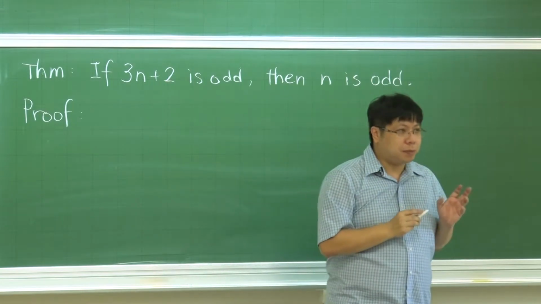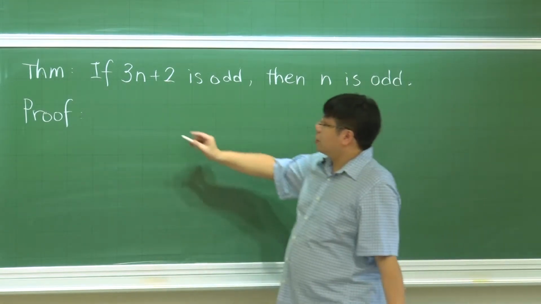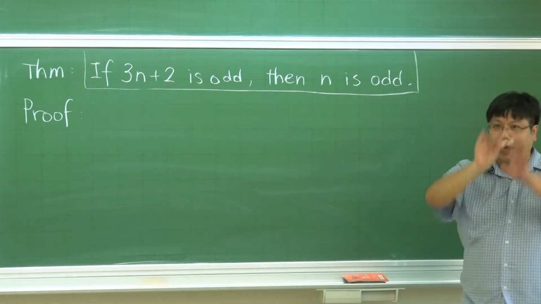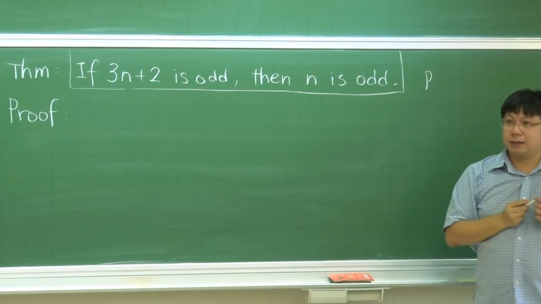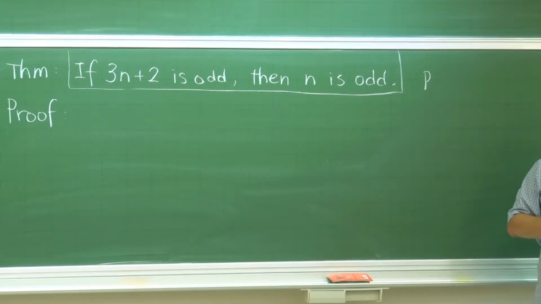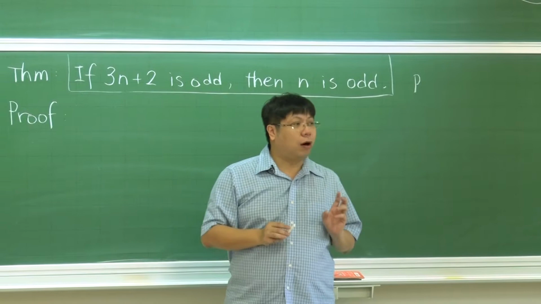Okay, if we start by proving with contradiction, what should we do? Here, we look at everything here as a statement P. This is a statement P. So we first assume that P is wrong.